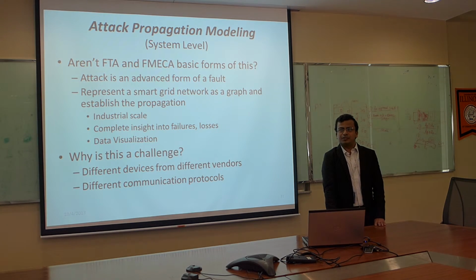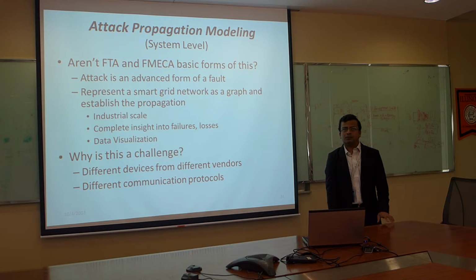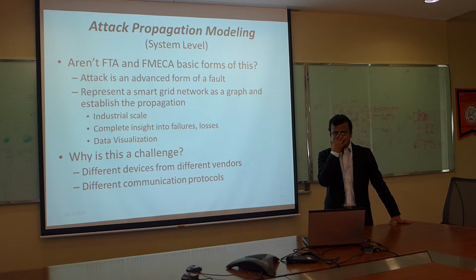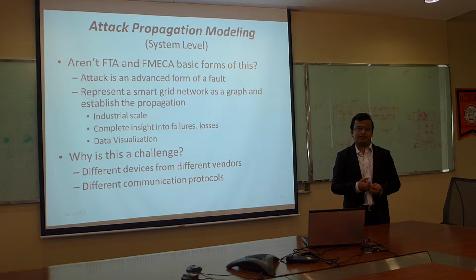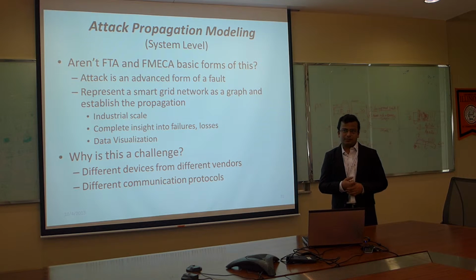Now, why is this a challenge? At some scale, Sharad, they do failure modes and effects analysis. It's not uncommon, but it's done at some scale, and it's done within the utilities.